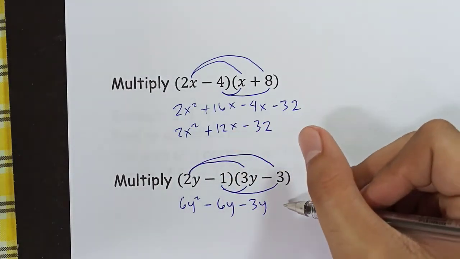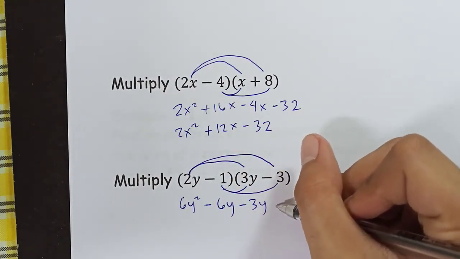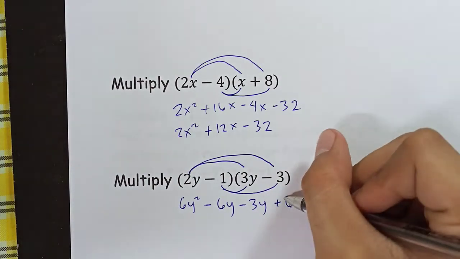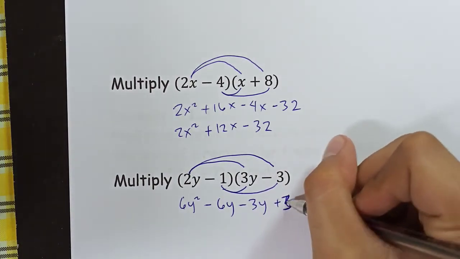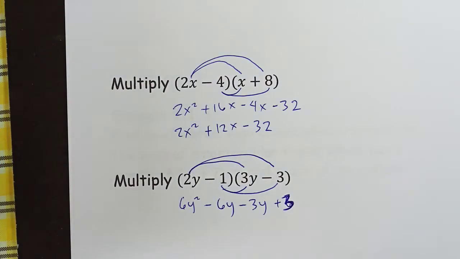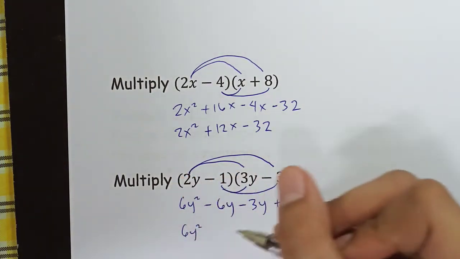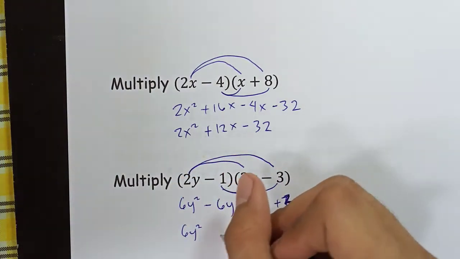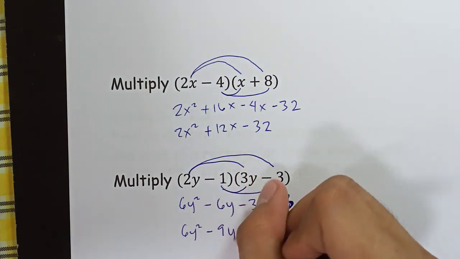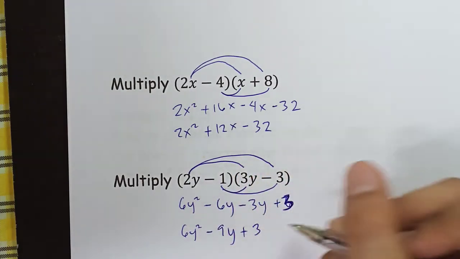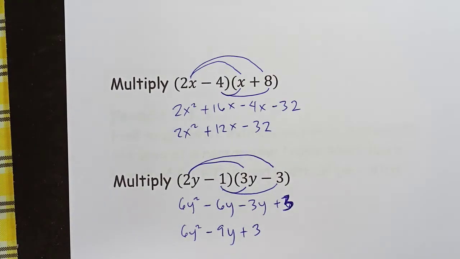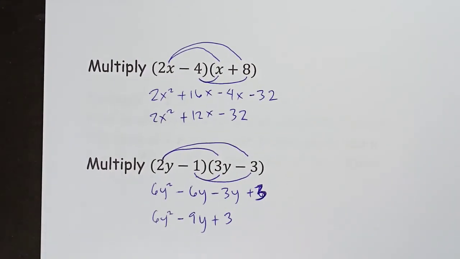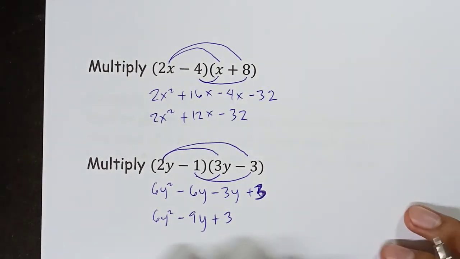So, negative times negative is positive. So, positive 3 or plus 3. Then, simplify. 6y squared. Negative 6y minus 3y is negative 9y. Plus 3. And that's it. So, I hope you recall about the FOIL method.